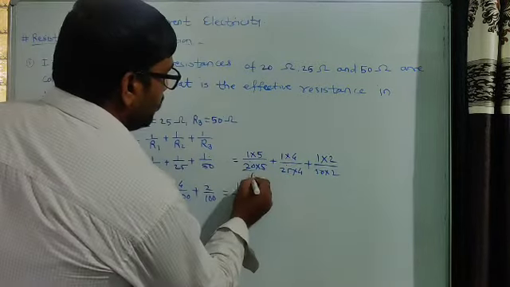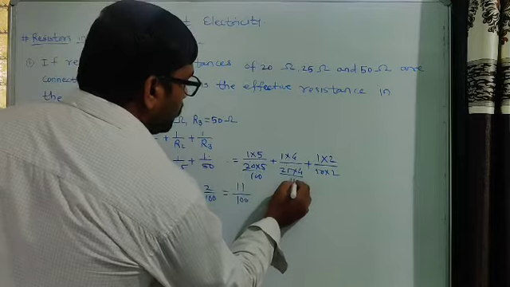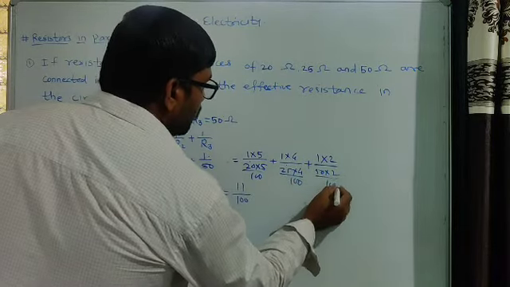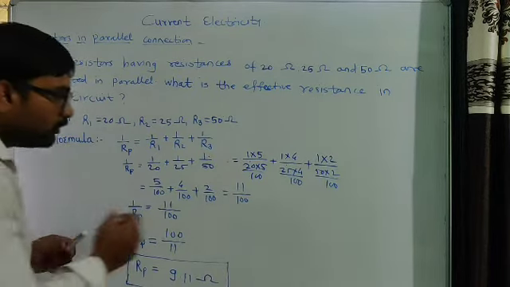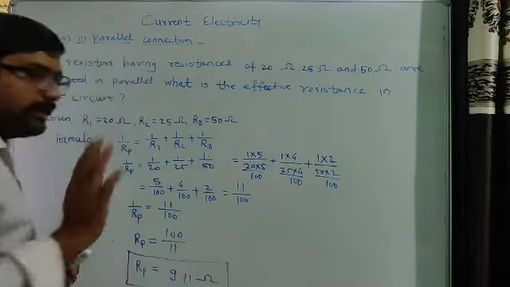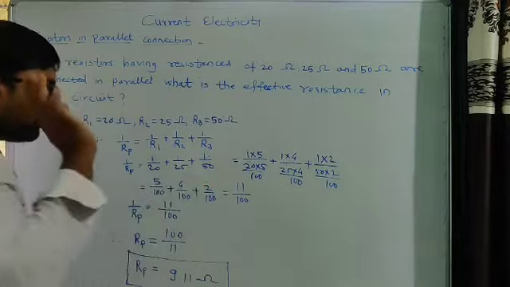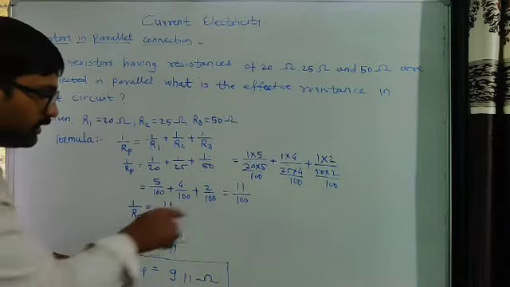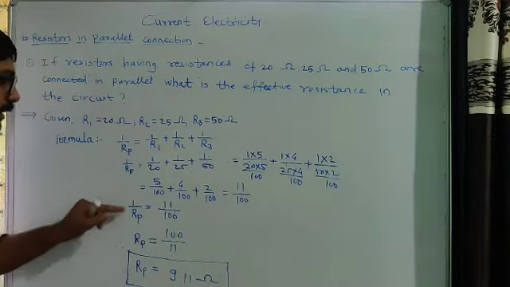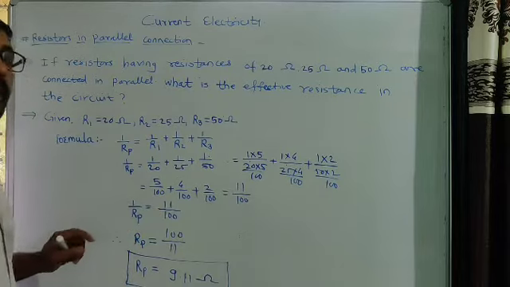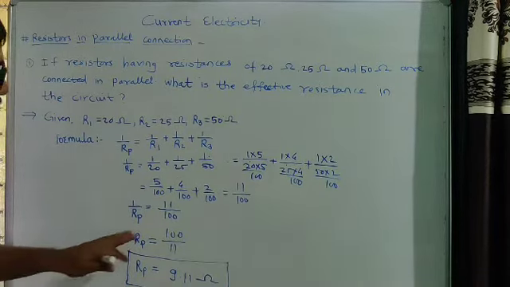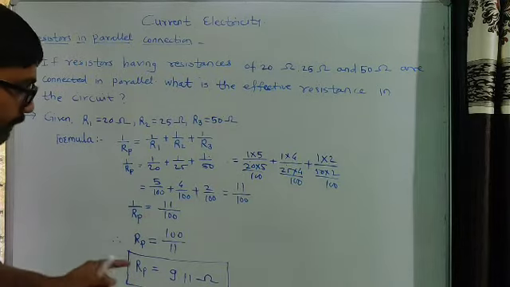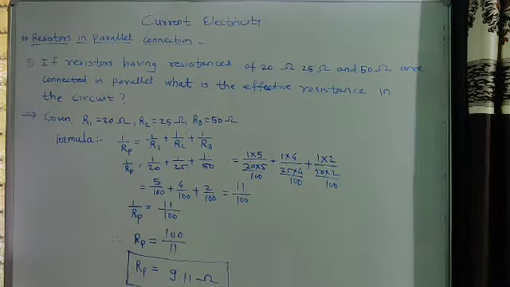So it will be 100, 100, 100. Now all the denominators are the same, so we take one common denominator 100 and add all the numerators. So 1 by Rp will be 11 by 100, but we have to find the resistance in parallel, Rp, so it will be equal to 100 by 11, and it will be 9.11 ohm.